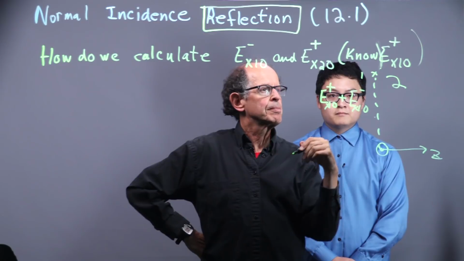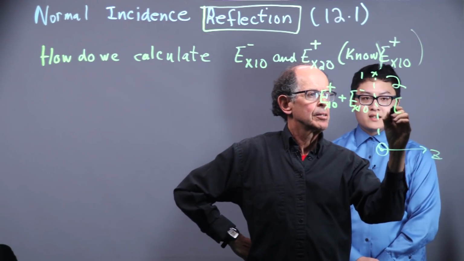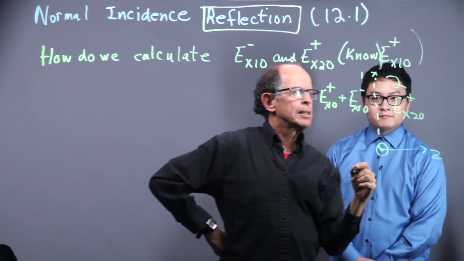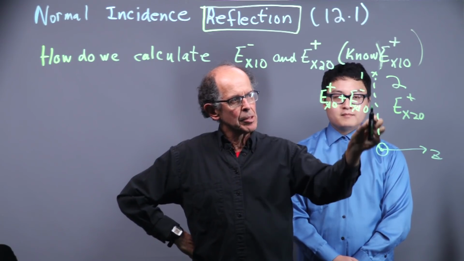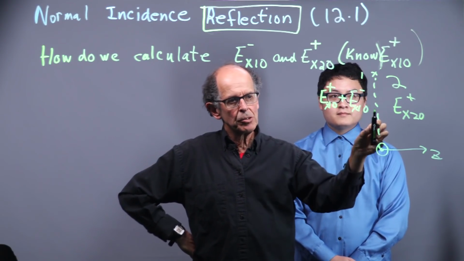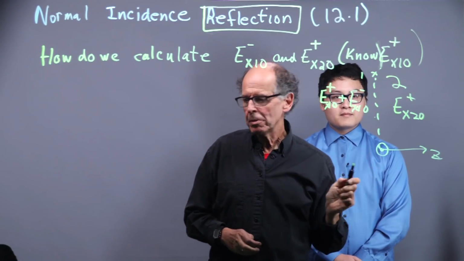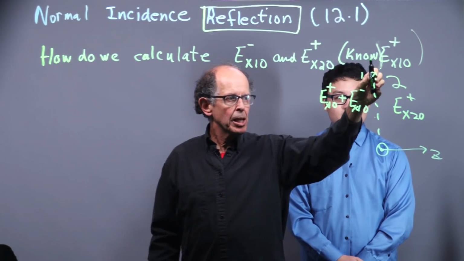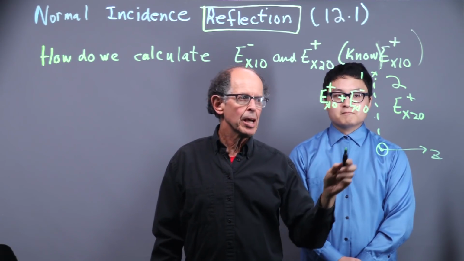E_x10 minus. Now what do we have on this side? E plus x20. Right. Now, right here on the boundary, the electric field is tangential to the boundary. And what we know at boundaries from the previous course, ELEC311, is that the tangential components of the electric field have to be continuous at the boundary.